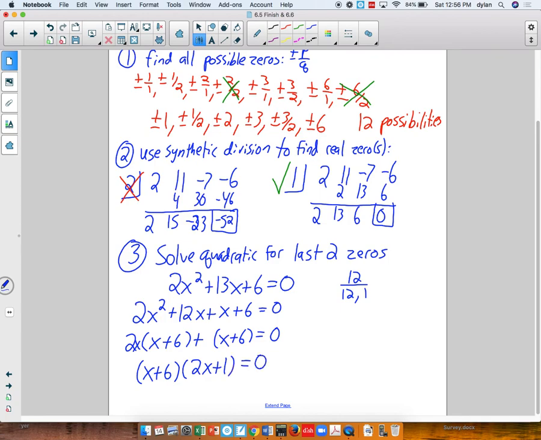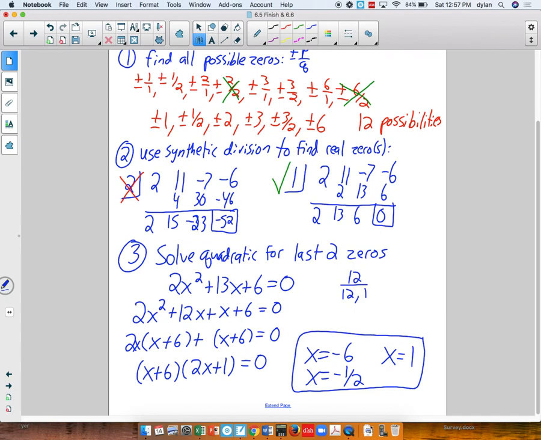And this tells us that our other 2 zeros are x equals -6 and x equals -1/2. So we have 3 zeros for this problem. We've got x equals -6, x equals -1/2, and then from our initial synthetic division, we also know that x equals 1. And that gives us the 3 zeros for our original function, or our original polynomial.